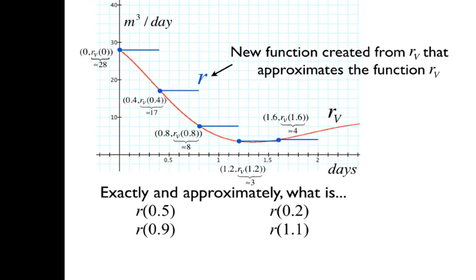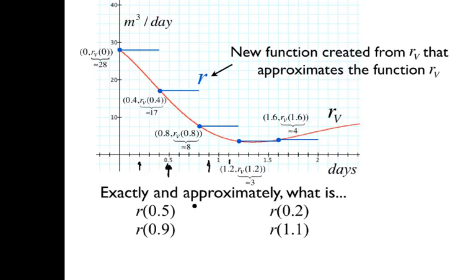I want you to rewrite each of these exactly and approximately. R of 0.5, R of 0.9, R of 0.2, and R of 1.1.